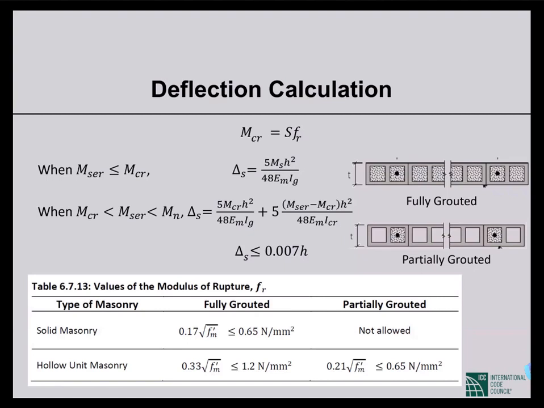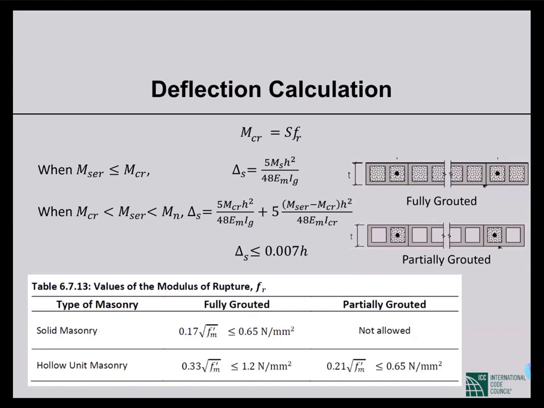Now, modulus of rupture is given as a function of FM prime, and there are different formulas for solid masonry and hollow unit masonry. And it will depend if the masonry is fully grouted or partially grouted. By fully grouted, it is meant that all the cells of hollow blocks or hollow bricks are grouted.